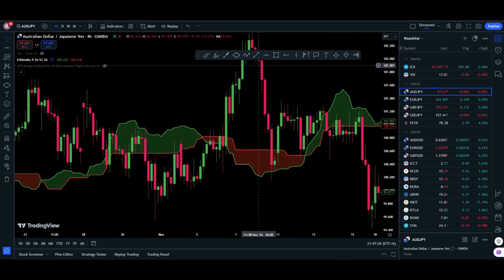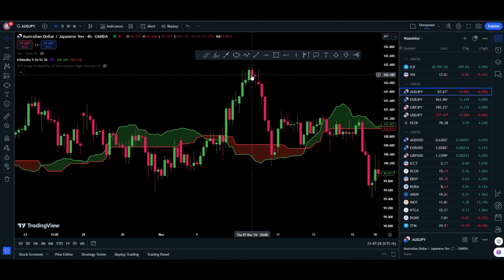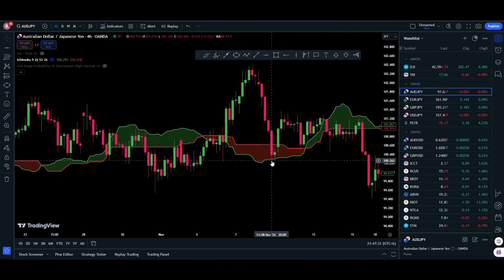You have seen that the price came down like anything here and bounced back from inside or a little below the cloud and retraced on the upside.